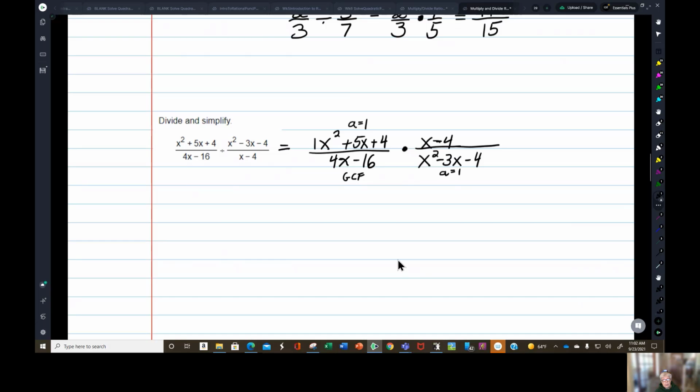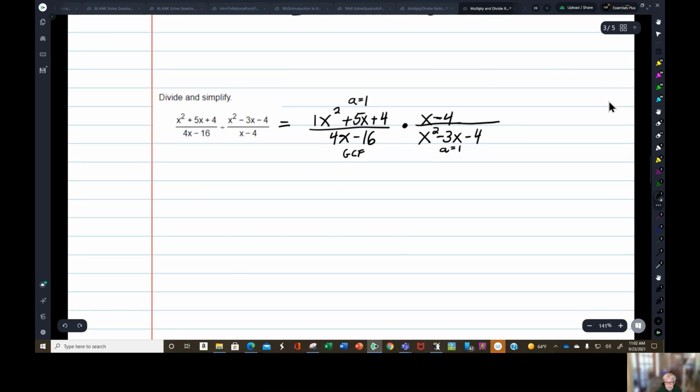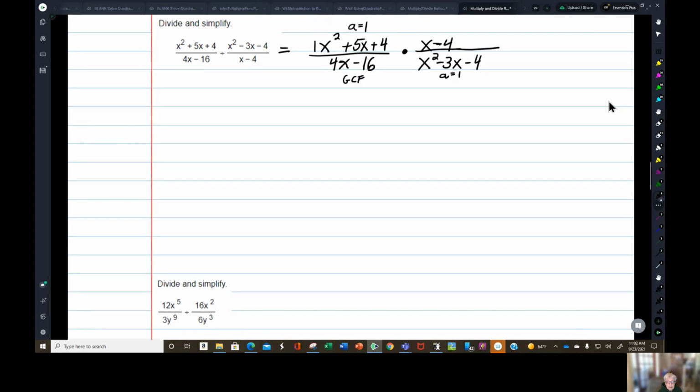So now I'm ready to start factoring. x squared plus 5x plus 4. 4 equals 1 times 4, and 1 plus 4 equals 5.